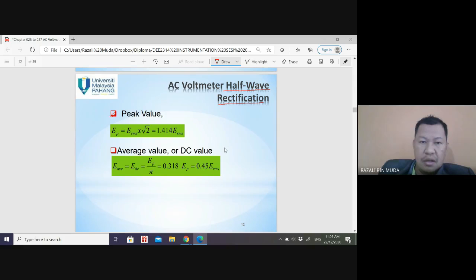Okay, for half wave rectification, V peak is equal to VRMS multiplied by root 2. You still remember the equation, VRMS equal to V peak over root 2, right? So V peak is VRMS multiplied by root 2.